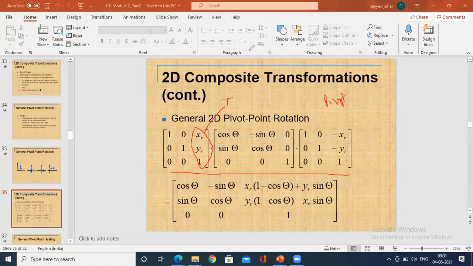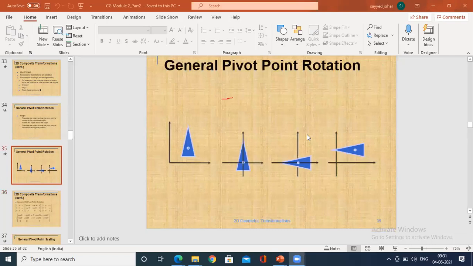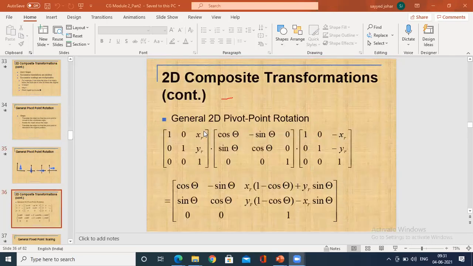There are two types of rotations also. The concept matters: fixed point is different and pivot point rotation is different. So the pivot point is the point wherein the allocated point is moved to the origin. So this is a translation. You are translating XR, YR, then you are rotating it.